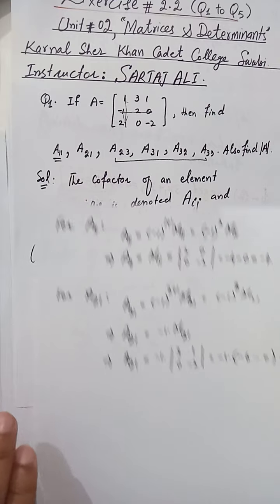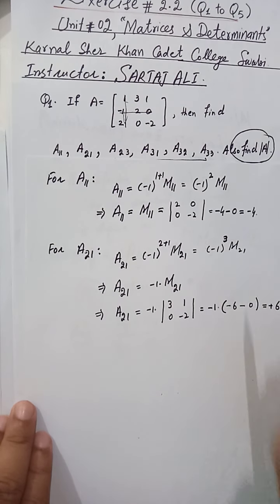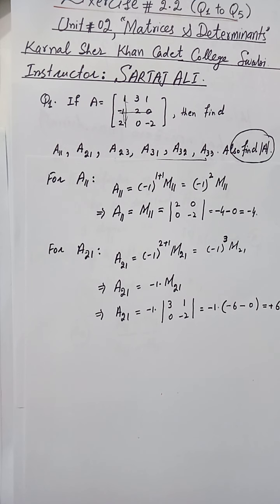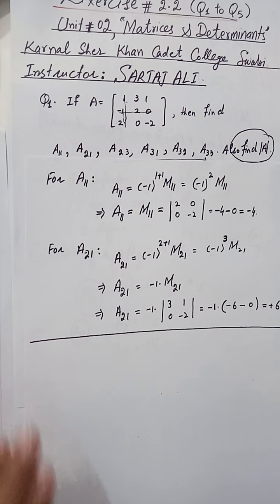Now you need to calculate the determinant. How will you calculate the determinant? Remember, if a matrix has order 3 by 3, there are 6 possible ways to calculate the determinant of that matrix. In a 3 by 3 matrix, there are 3 rows and 3 columns.